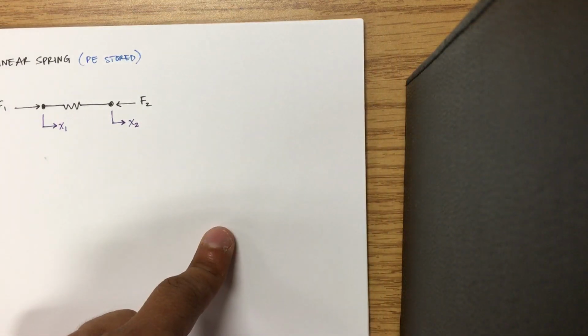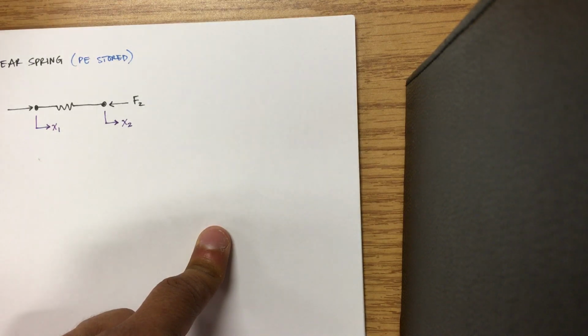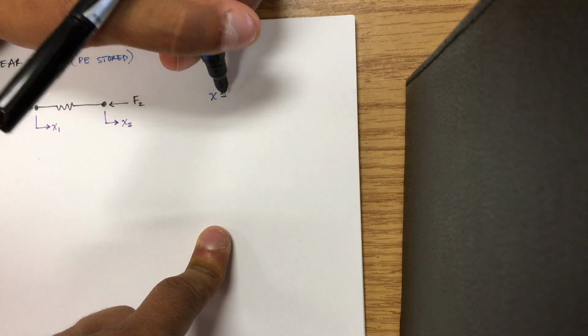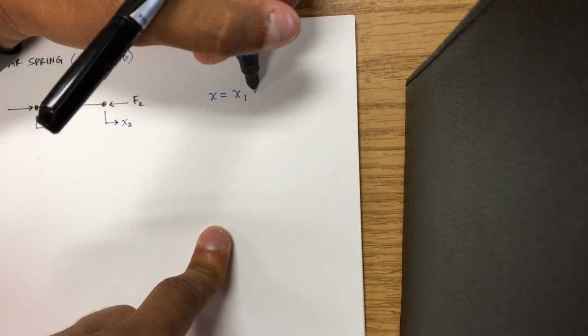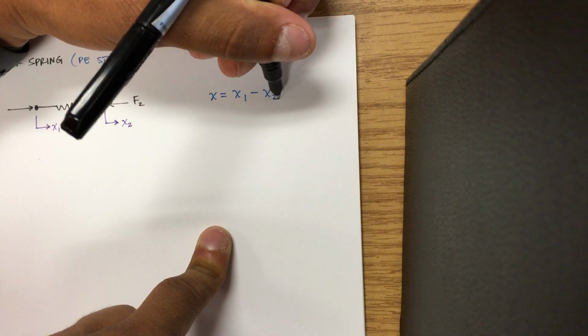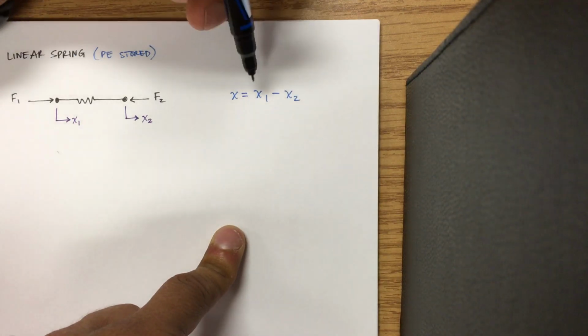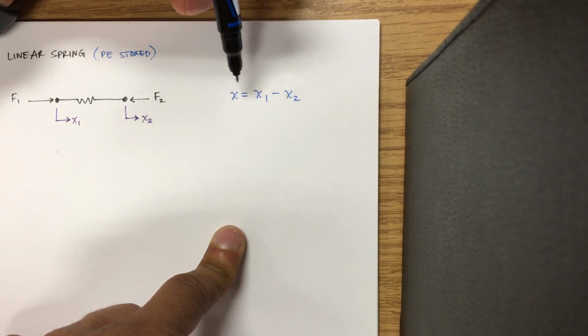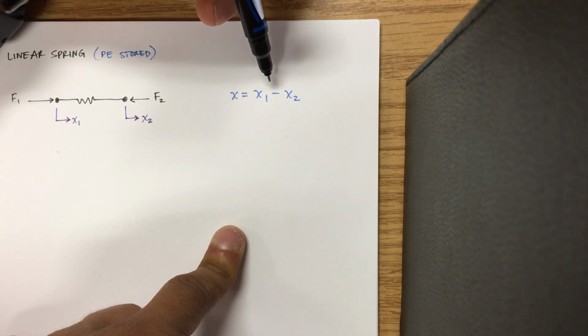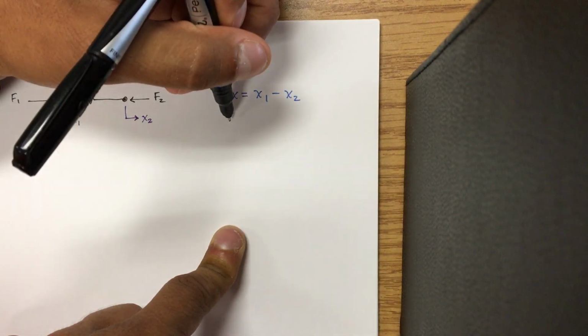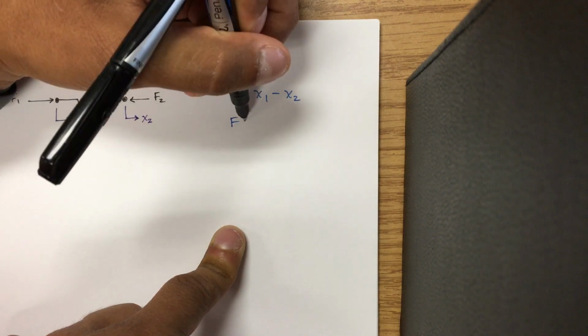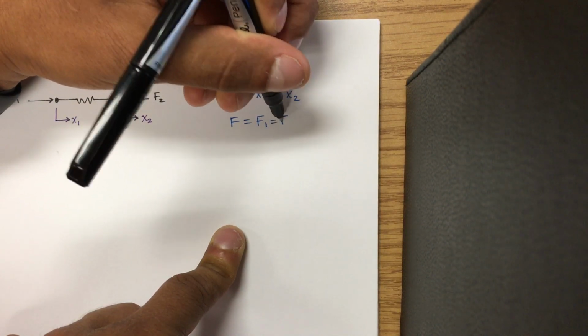And again, let's write the effort and flow variables. So now we have flow x to be the distance x1 to x2. Let's make it clear that this is the displacement from the equilibrium position. And then we also have for our effort variable F1 equal to F2.